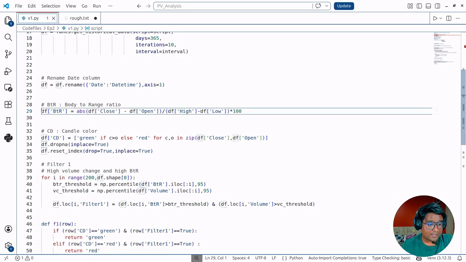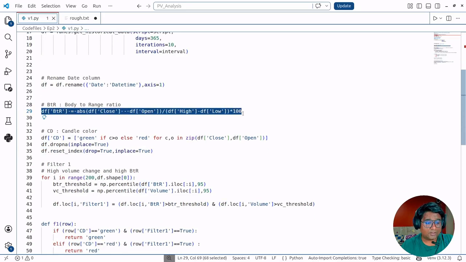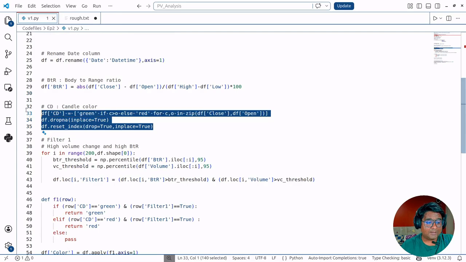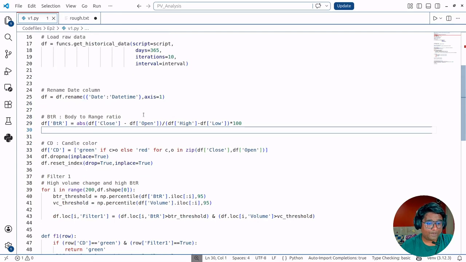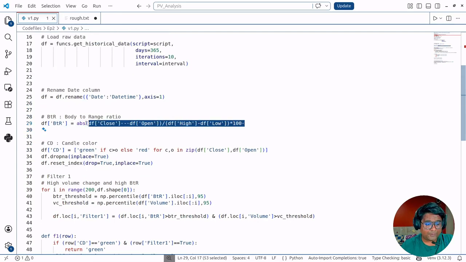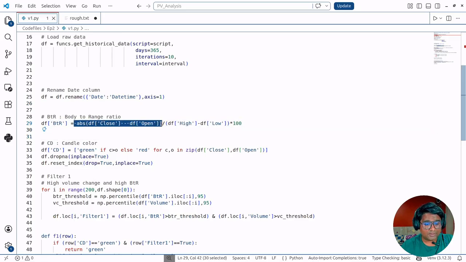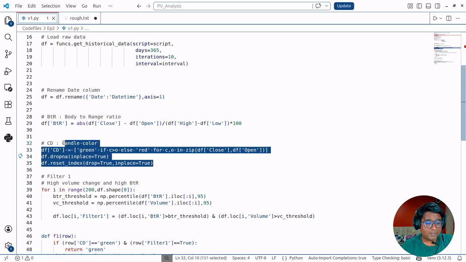Here I have calculated and added the column of BTR. In this patch of code, as I told you, we are taking the difference as an absolute difference. That's why we need to add color to the candle, because BTR will not give us any sign, plus or minus.